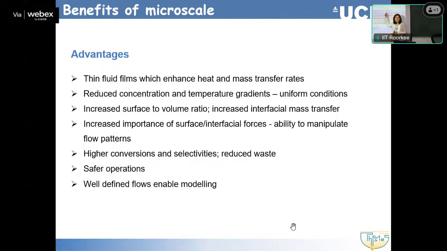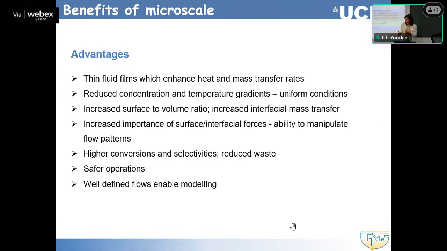We are working in small scales, so the fluid films are thin, which means heat and mass transfer rates will be faster. They don't have to go through a lot of fluid. The films are thin. There is a disadvantage to that, which we can discuss later. Thin fluid films and enhanced heat and mass transfer rates mean that we reduce the concentration and temperature gradients.